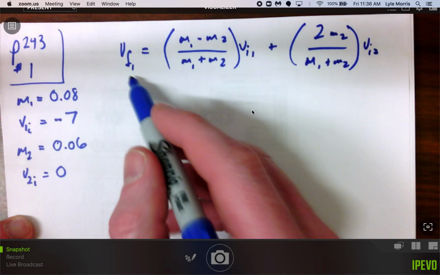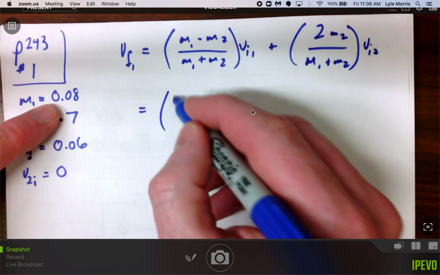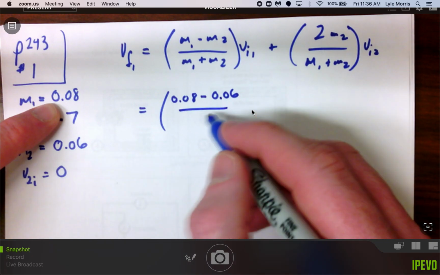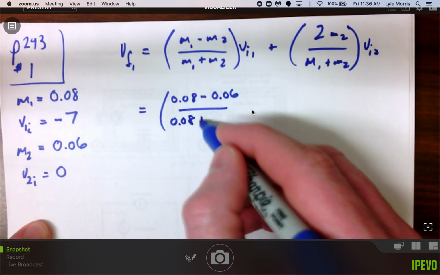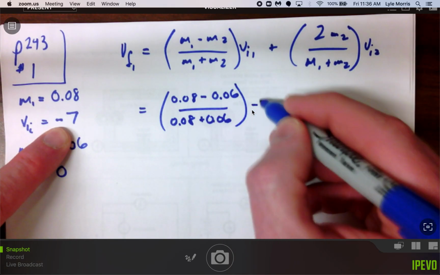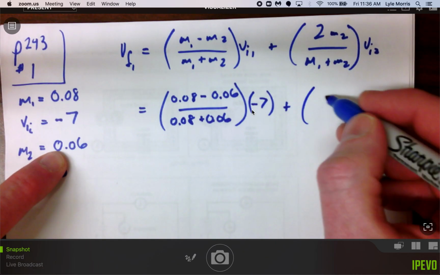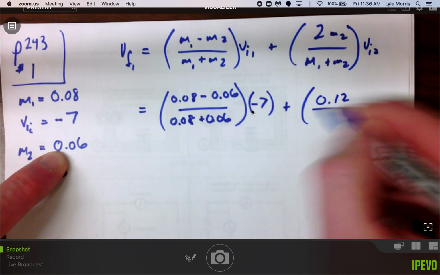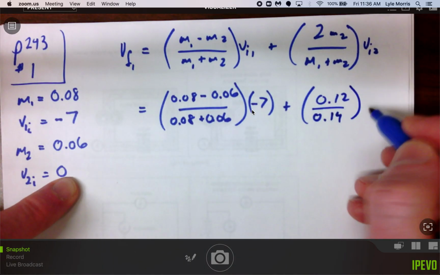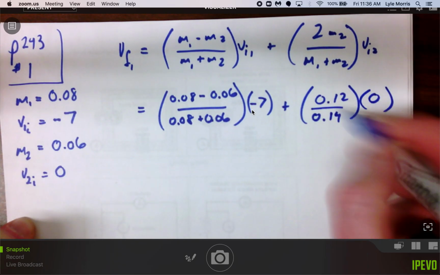So this equals M1 minus M2, so 0.08 minus 0.06, over 0.08 plus 0.06, times VI1, which is negative 7, plus 2 times M2, so that's 0.12, over M1 plus M2, which is 0.14, but VI2 is 0, so we don't even need that part.